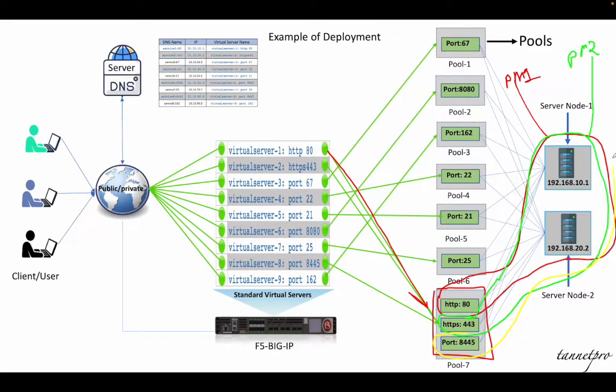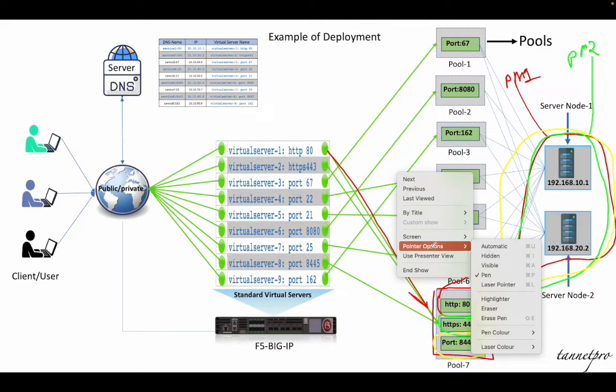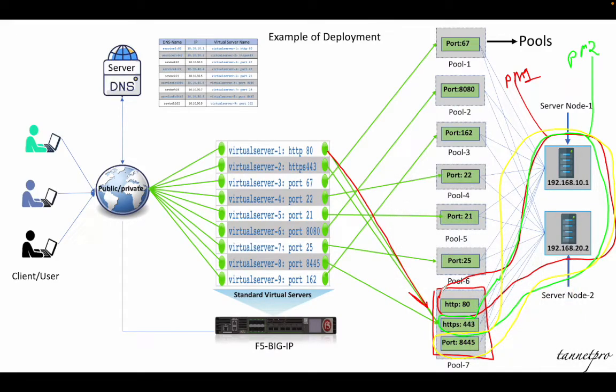And this is your another pool member. Got it? So here pool member 1 is red, I'm just giving the example of colors, right? Red, green and yellow.